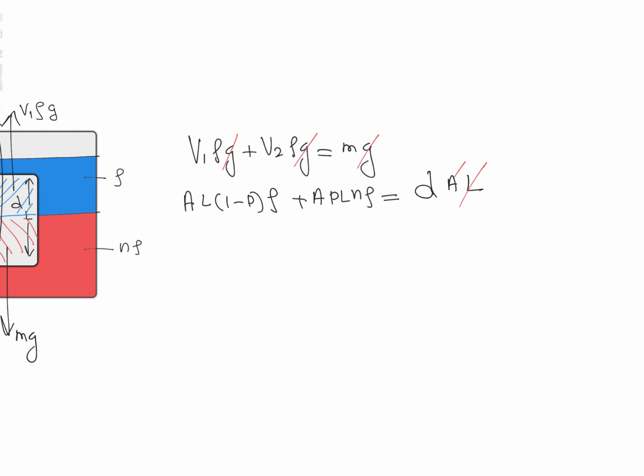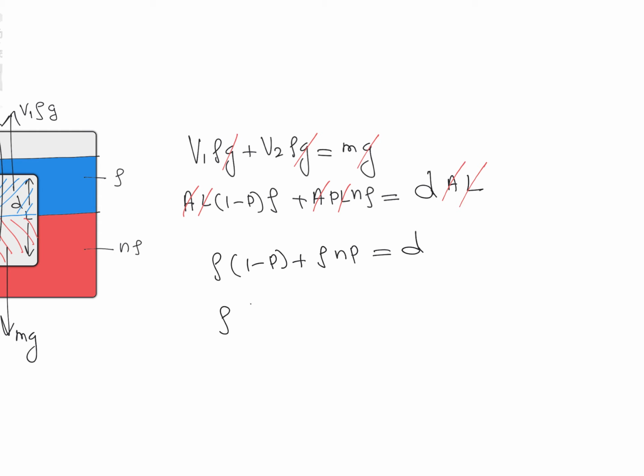So we can cancel L and A on each term. The remaining expression is rho into 1 minus P plus rho into n into P, equal to the density D.